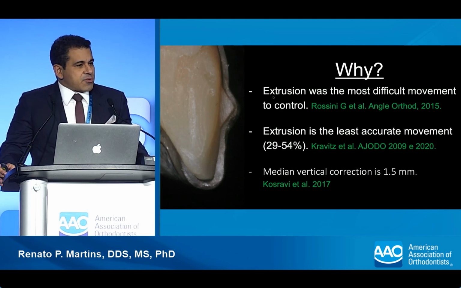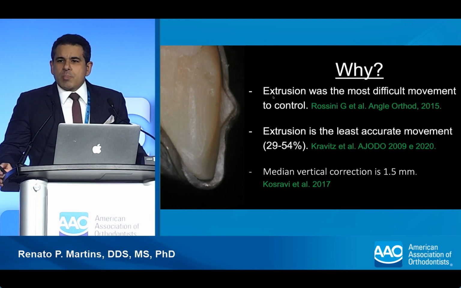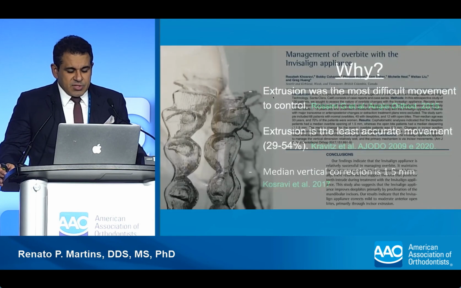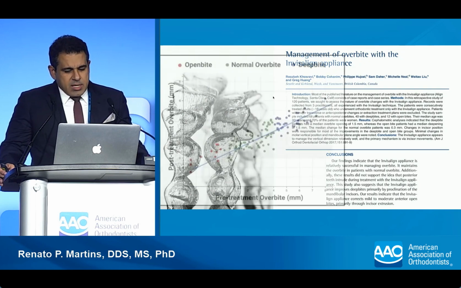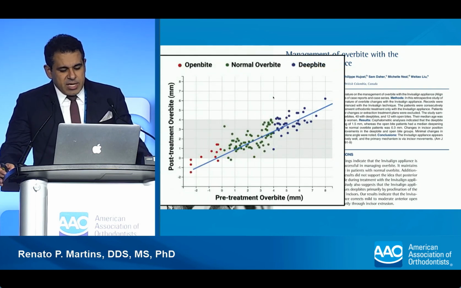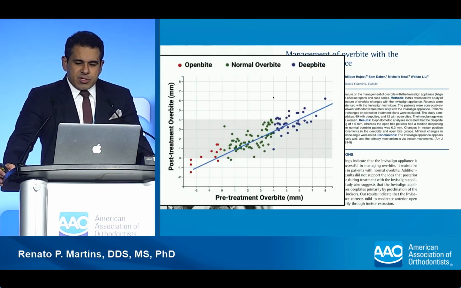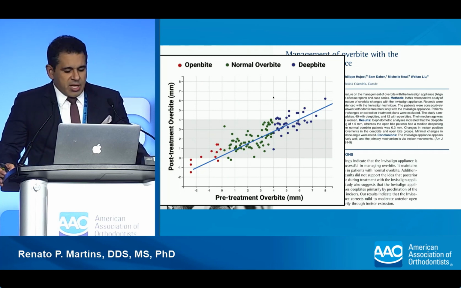Extrusion is the least accurate movement, and median vertical correction is around 1.5 millimeters. It means that in most of the cases you're going to be treating, you're going to have 1.5 millimeters opening or deepening the bite. This is a very good article from Khosravi, and you can see the clinical data that shows the vertical correction is very limited with aligners.